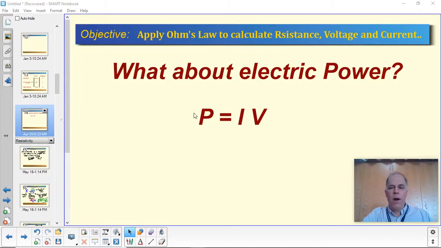Now, this is power, and we've seen power before. As you remember, power is in watts. And it turns out that electrical power is equal to current times voltage. So P equals IV. And this, by the way, is the reason that we define volts and coulombs and amps in relationship to each other.